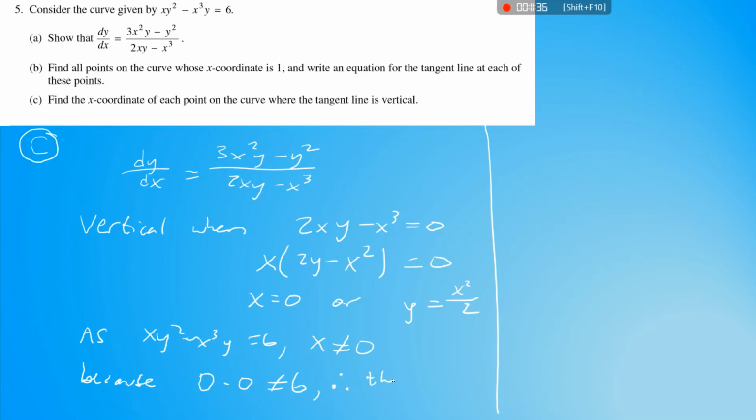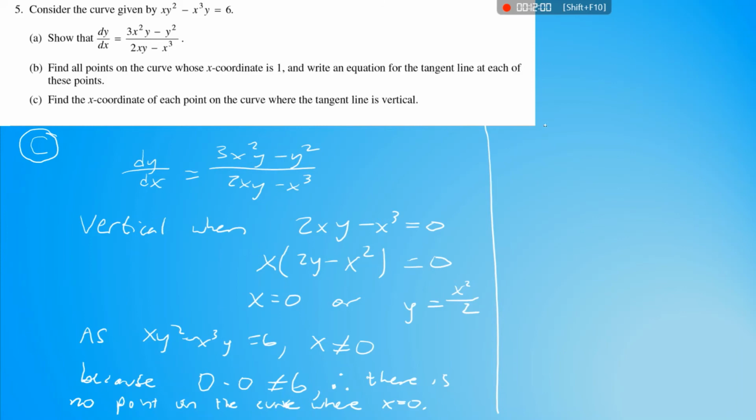Therefore, there is no point on the curve where x equals 0. Okay, then we gotta test for the other one though.